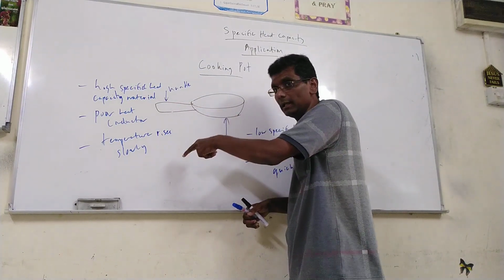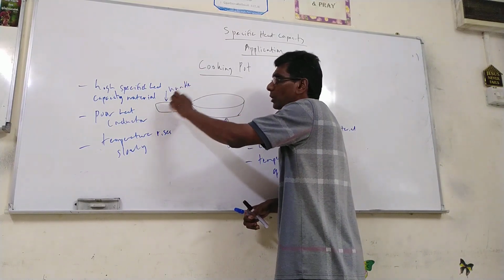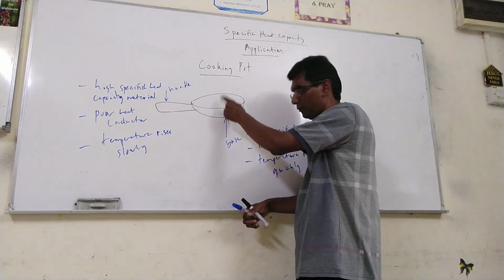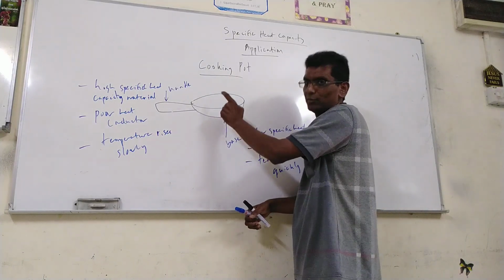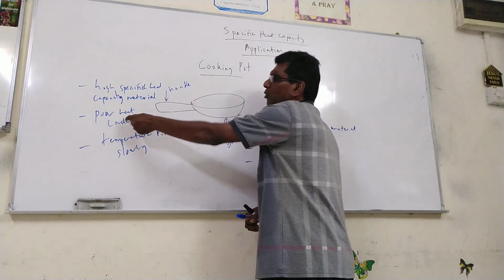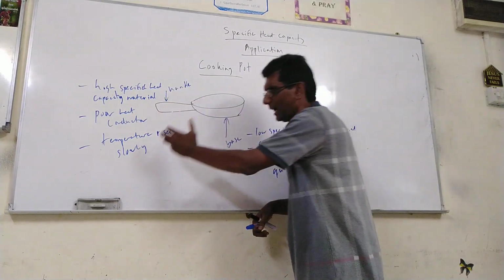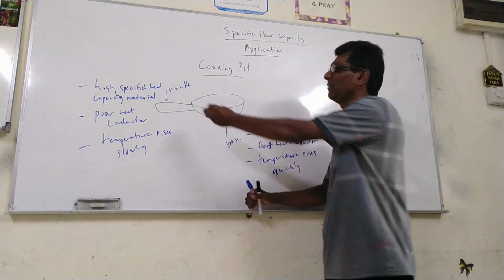Otherwise, when your hand holds the handle, your hand will be cooked together with the food. So that's why a poor heat conductor, high specific heat capacity material, and temperature rises very, very slowly.